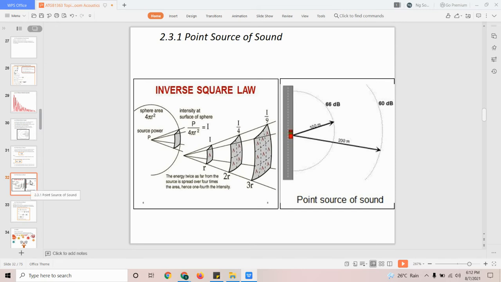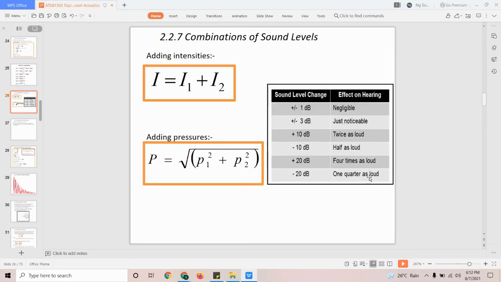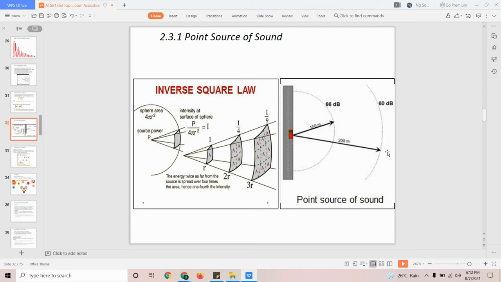When it comes to the difference between 1 to 2 dB as mentioned previously in this table, we won't be able to differentiate it. When it comes to a point source at 100 to 200, it says that as the distance increases up to double, there's a decrease of sound energy to a quarter.